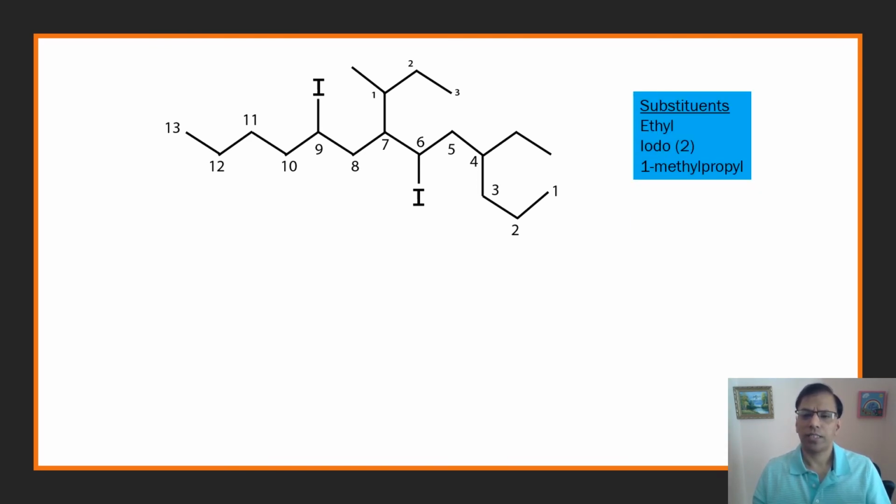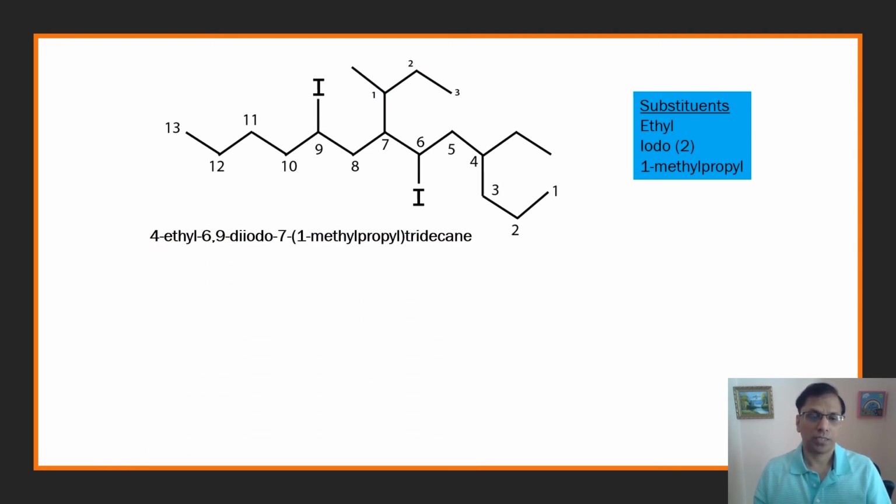Okay, so we have ethyl, iodo, and 1-methyl propyl. This is 1-methyl propyl because the carbon atom of the substituent that is attached to the parent chain is numbered 1, and this is 2 and 3, and so on carbon atom 1 we have the methyl substituent, so it's called 1-methyl propyl. This is propyl, 3 carbon atoms.